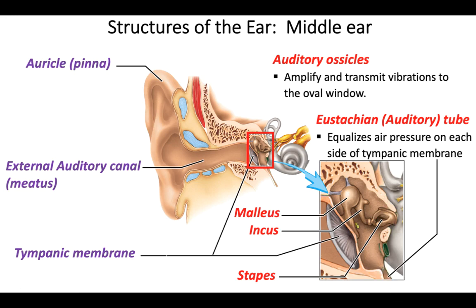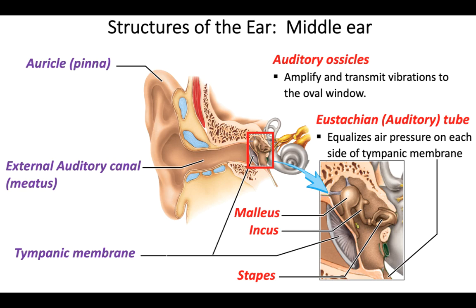And typically that's when you pop your ears, right? Popping your ears is when the eustachian tube opens and we equilibrate or equalize the pressure on each side of that membrane. If the pressures are not equal, the membrane doesn't vibrate properly. And if it doesn't vibrate properly, that affects your hearing.